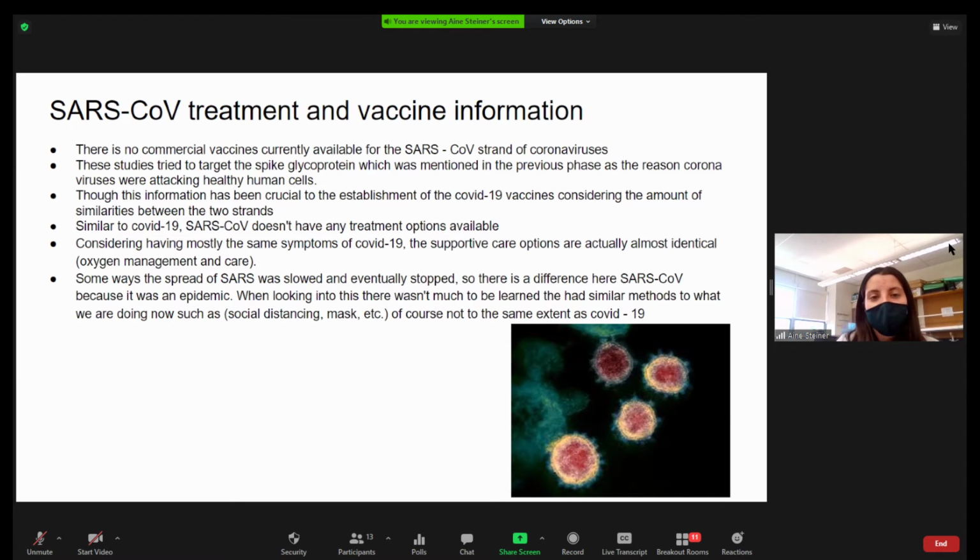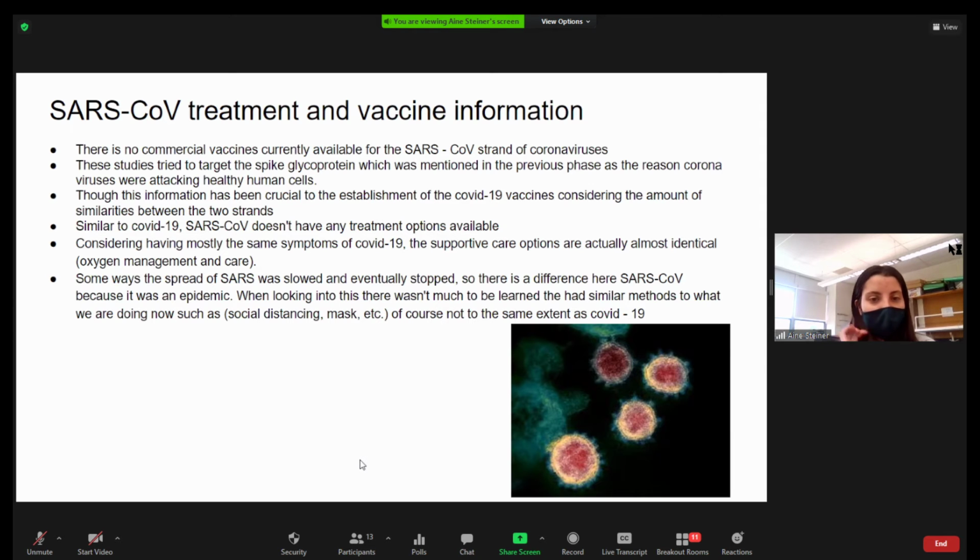This information has been crucial to what we're finding for COVID-19, and we use this information on the spike glycoprotein in the vaccines for COVID-19, considering the similarities between SARS-CoV and SARS-CoV-2, which is also COVID-19. It also has the same treatment methods as COVID-19: respirators, oxygen management, and other care, because there's no cure for this either.